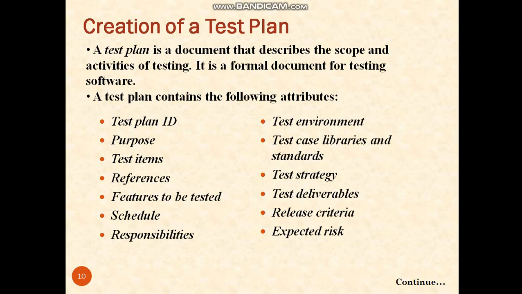The pass or fail criteria for the test item on test cases must be designed to judge completion of testing. Then last one is expected risks. The list of risks, both those that have occurred or are expected to occur, should be specified along with the contingency plan for each risk.